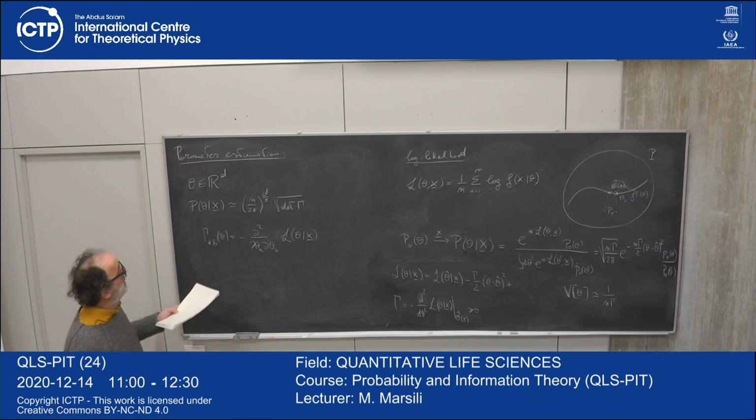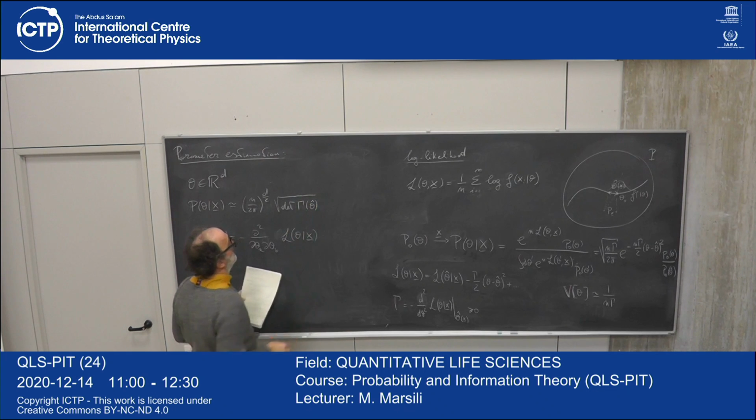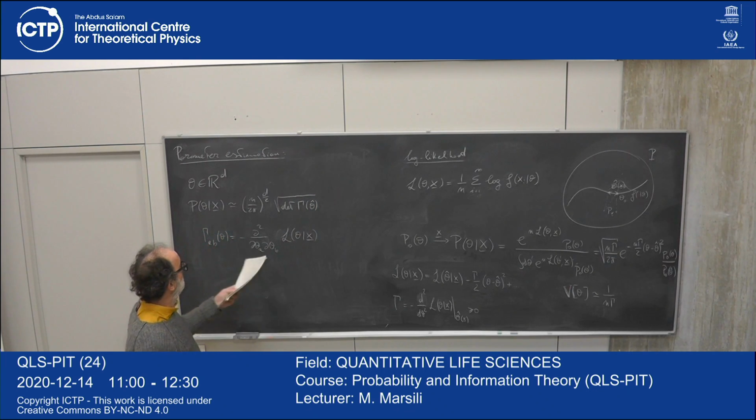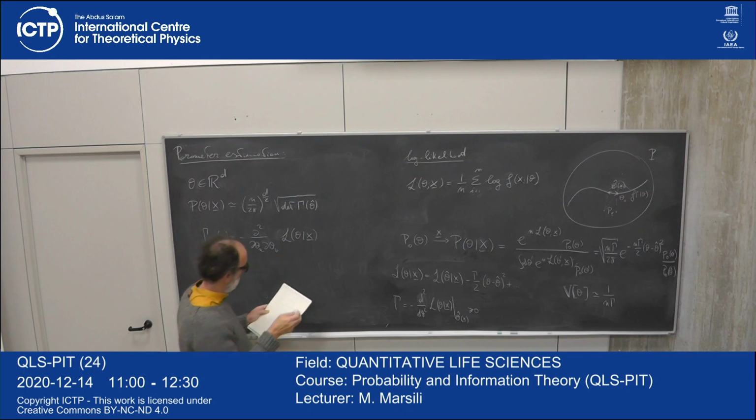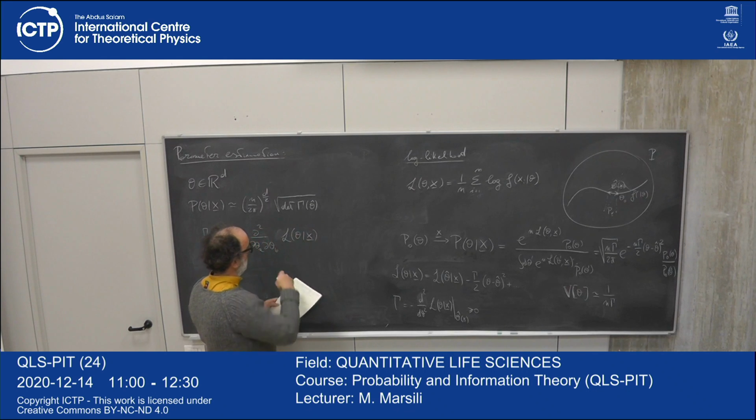And this gamma is computed at theta hat, the maximum likelihood estimator, which is what maximizes the likelihood.